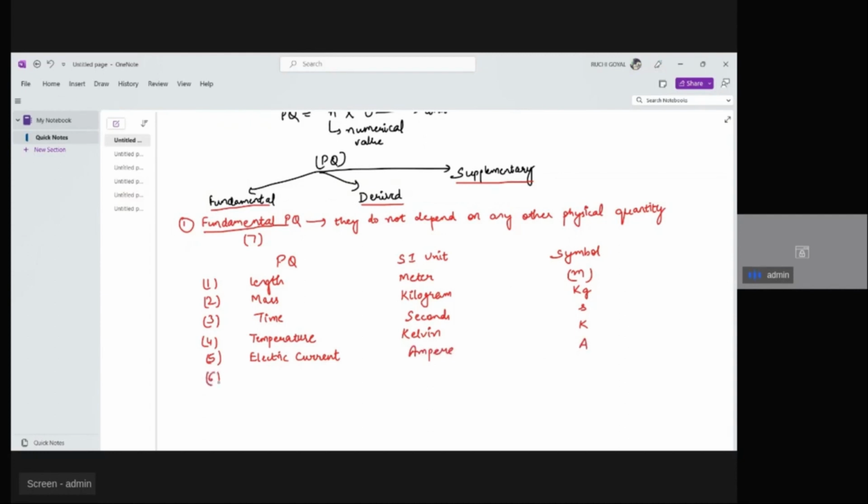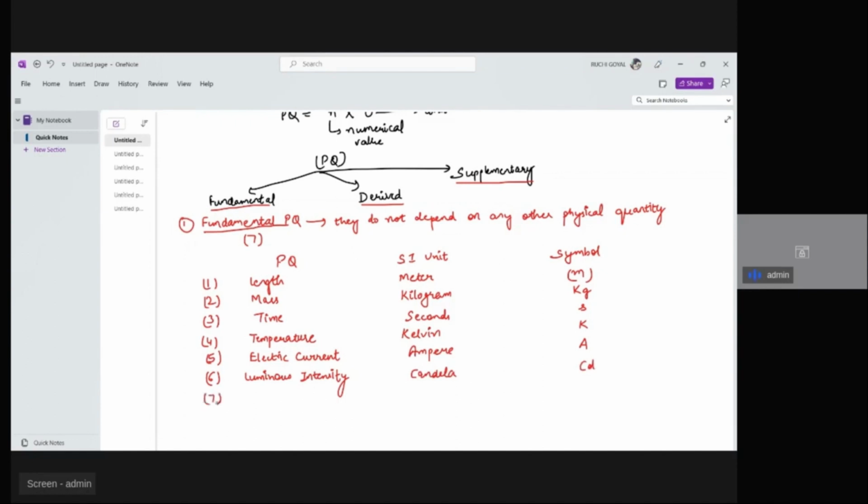The sixth quantity is luminous intensity. What is the unit of luminous intensity? It's candela, and the symbol is cd.